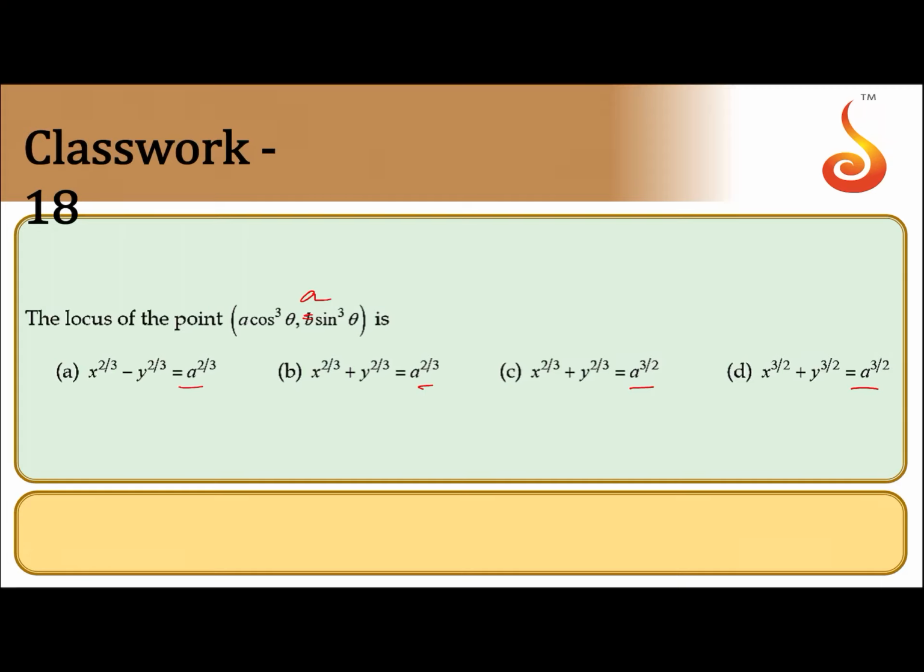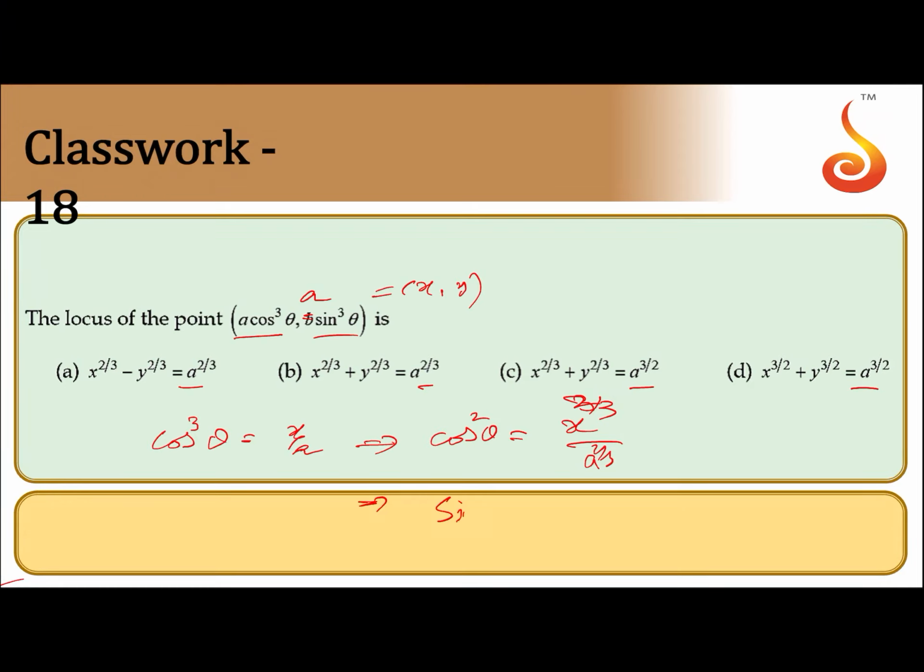So the locus is given by assuming this is x and this is y and eliminating theta. Let me equate it to (x, y) and dividing by a, you will be getting cos cube theta is equal to x by a, so cos square theta is equal to x power 2 by 3 by a power 2 by 3.